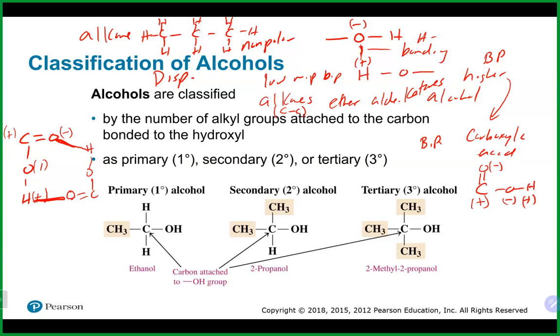Now, if you happen to be comparing two things that use dispersion forces, and that's the only thing they use, so two different alkanes, for example, the one that is larger, with more atoms, would have the higher boiling point than the other alkane. That's because larger alkanes have more atoms. More atoms means more electrons.